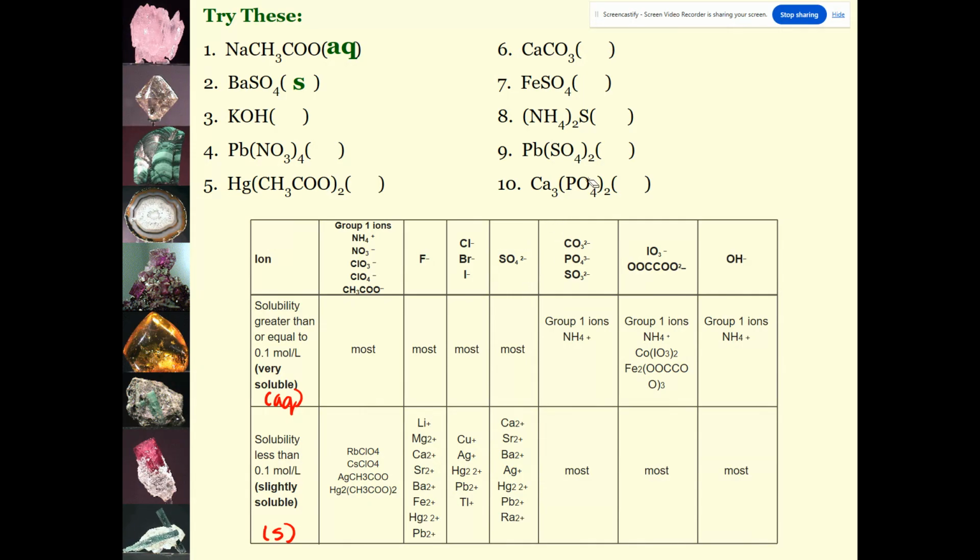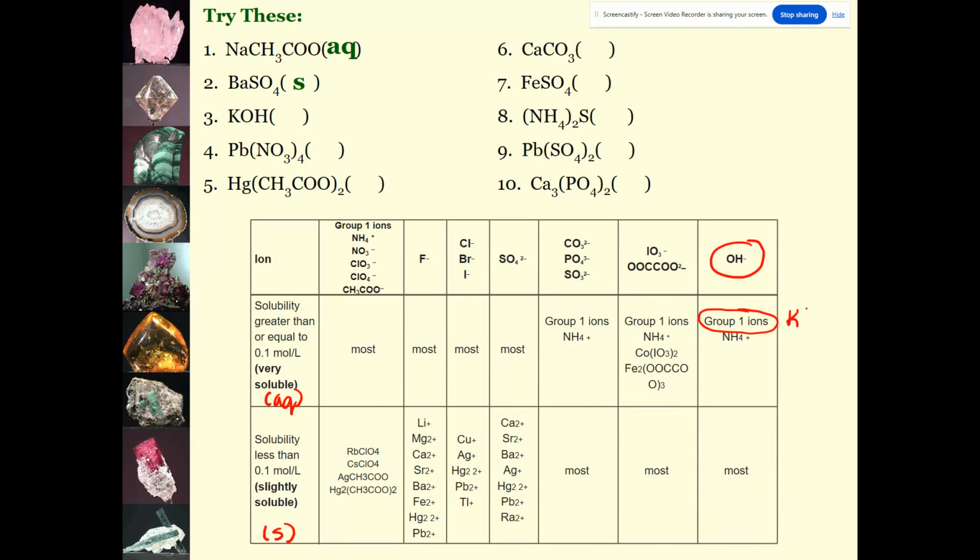Potassium hydroxide. My hydroxide is right there. For the last three columns, most ions are insoluble or solid with the last three column ions, with the exception of group 1 ions and ammonium and a few other examples. So my question now is, with my hydroxide, do I have a group 1 ion bonded to it?